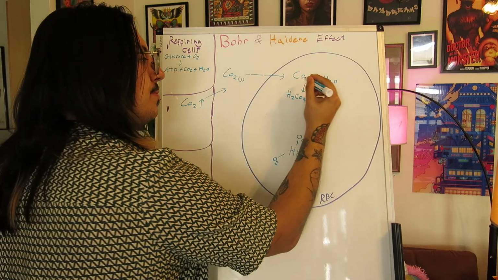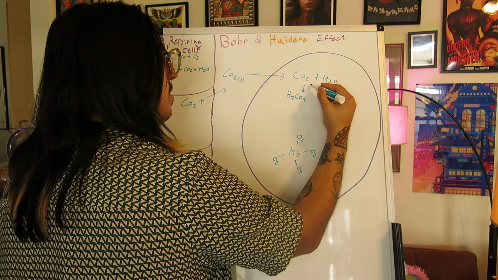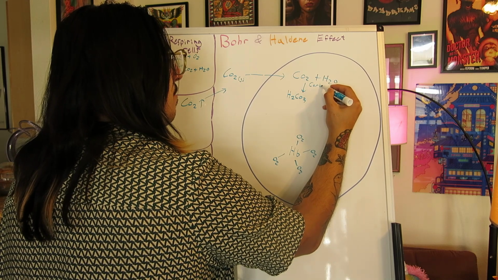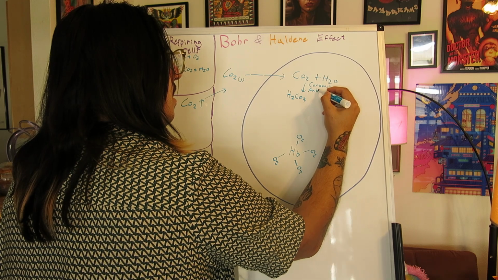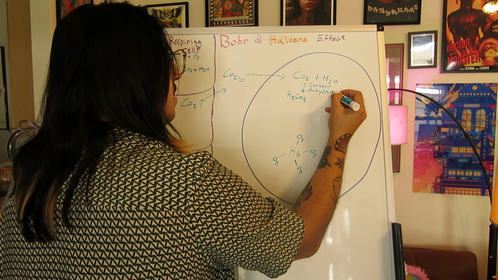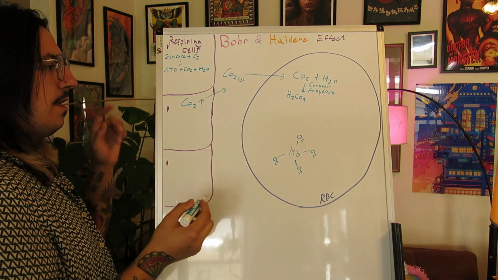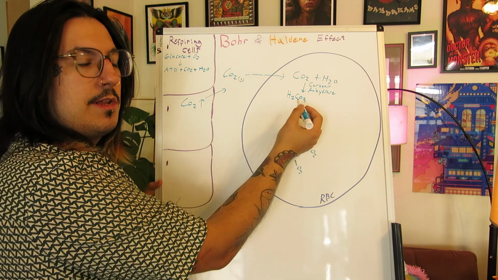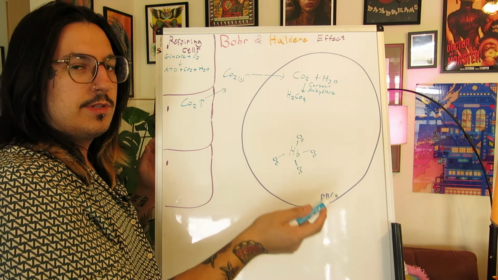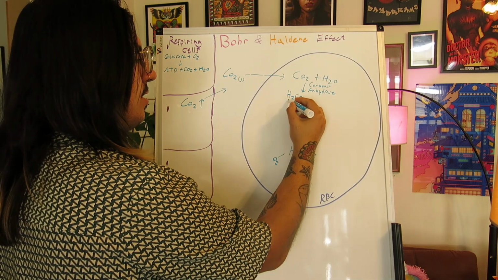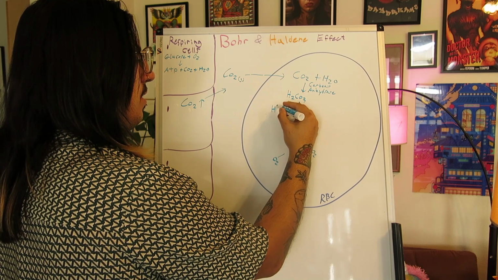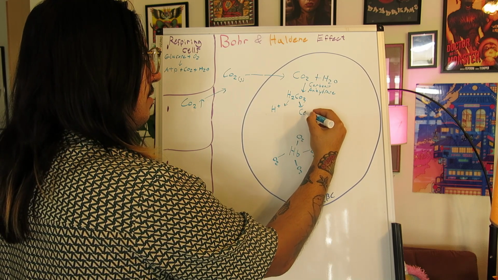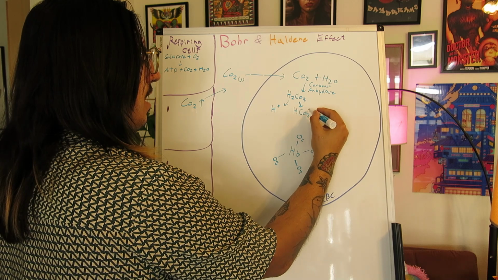We could speed up this process with carbonic anhydrase. And this, we know, is an acid. What happens when an acid is in an aqueous solution? It dissociates into its two ions, H ions and HCO3 ions.